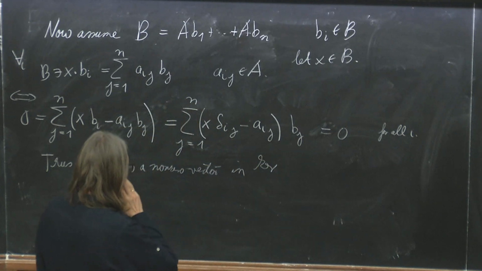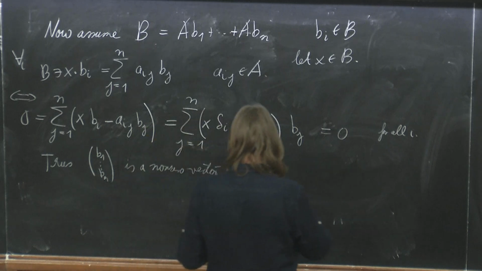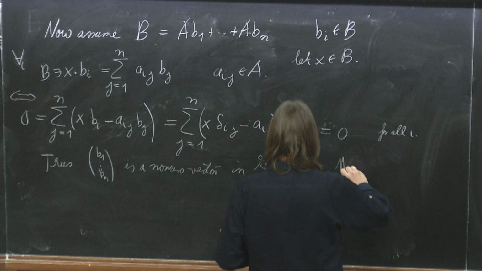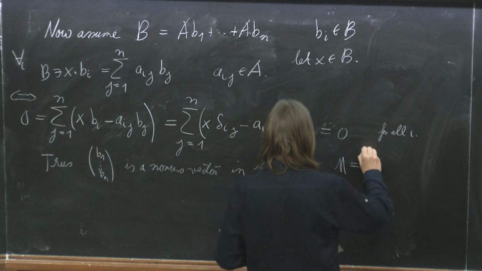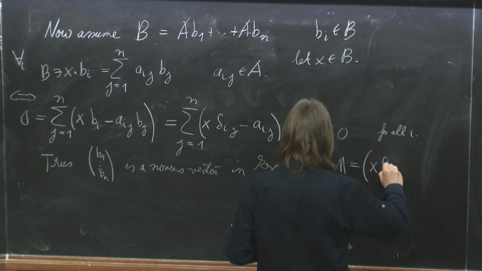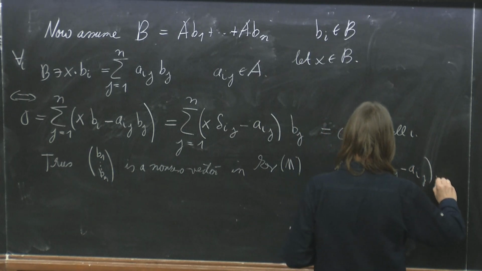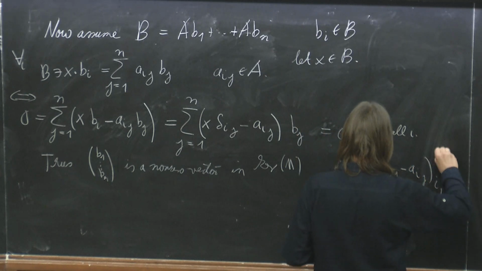I call this matrix M, where M is x times delta ij minus aij, with i, j from 1 to n.